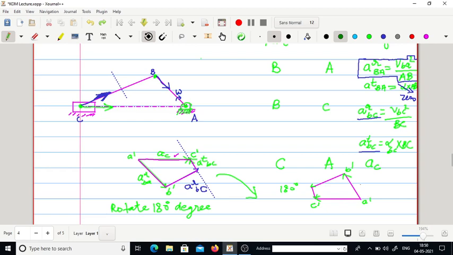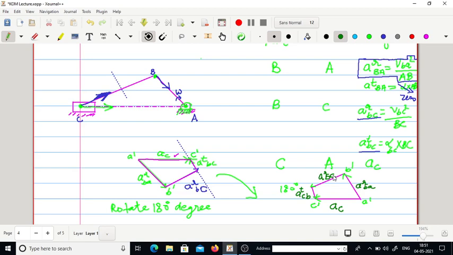This will represent the radial component of B with respect to A. This will represent the acceleration of C. This will represent the tangential component of point C with respect to B, and this will represent the radial component of B with respect to C. So this is the acceleration diagram which is obtained for the analysis of Klein's construction.